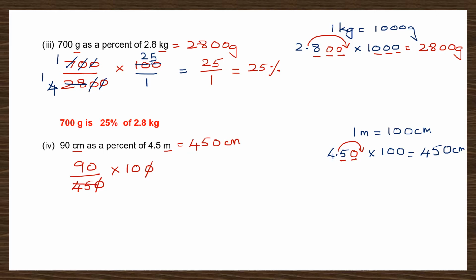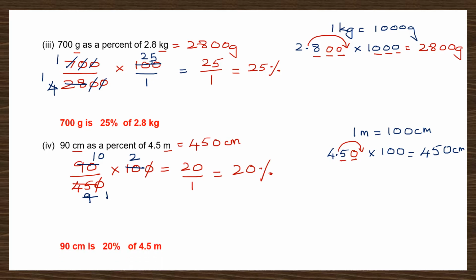So 5 nines are 45 and here I can say 5 twos are 10. I can cancel 9 and 90. 9 tens are 90, isn't it? So 9 ones are 9, 9 tens are 90. So that's it. Now what do we have in the numerators? 10 into 2. 10 twos are 20 and the denominator is 1. So 20 by 1, which is 20%.